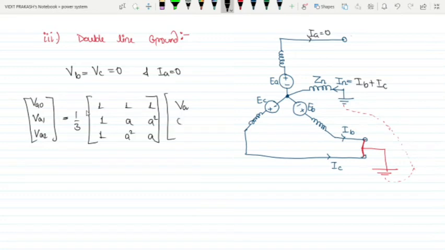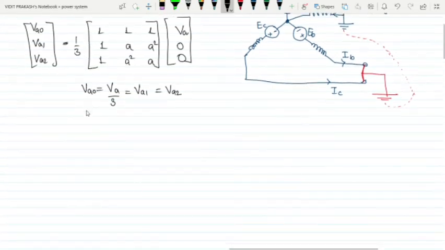VB is equal to 0, so I directly put 0. VC is also equal to 0, so I directly put 0. So VA0 is VA divided by 3, VA1 is VA divided by 3, and VA2 is VA divided by 3. So all the voltage components are the same.